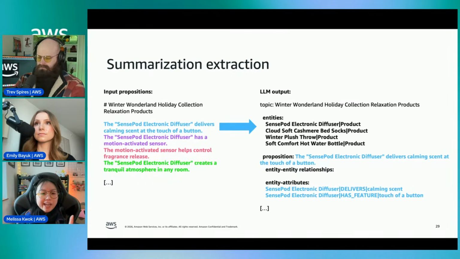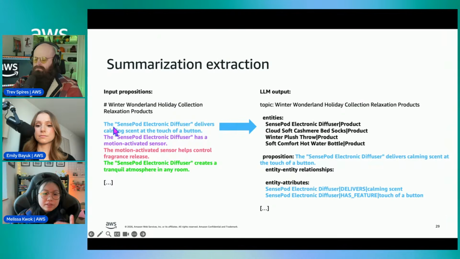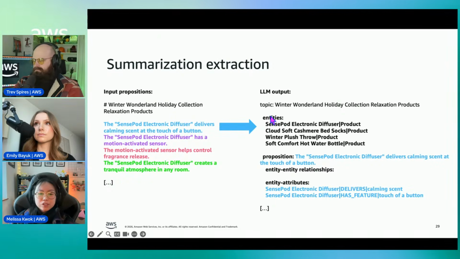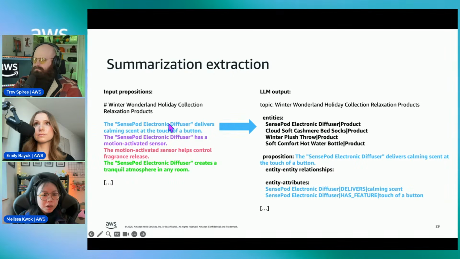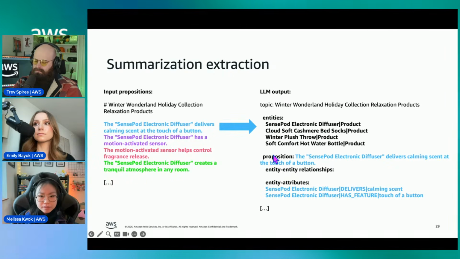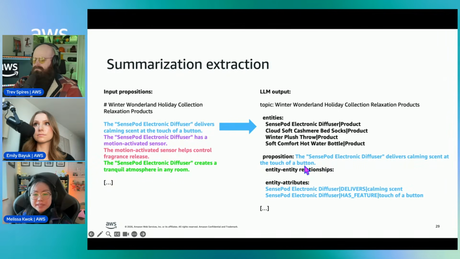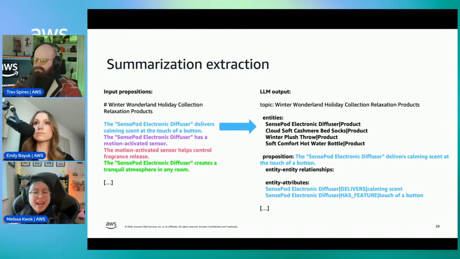So you'll see here on the left, for each of these propositions, we can then extract information about what entities were mentioned in each of these statements, as well as the proposition itself, which is just that singular sentence. From a singular sentence, it's a lot easier and a lot more clear to pick out what entities were mentioned within that.